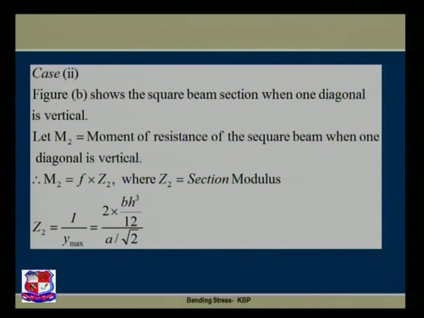The intention is to find the value of Z2, and we know the formula I by Y max. For the triangle, we know the value of I is BH cube by 12. If we consider the two triangles, the top one and the bottom one, we get BH cube by 12, divided by Y max, and Y max is nothing but A divided by root 2. Please refer to the previous figure. We have already understood this problem.